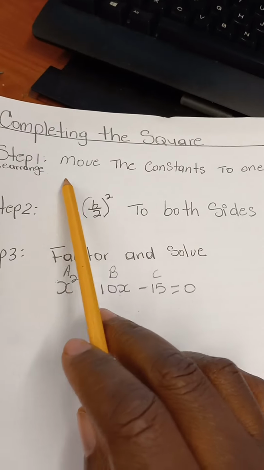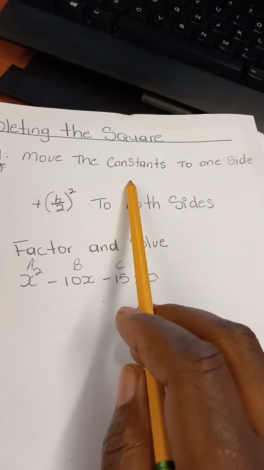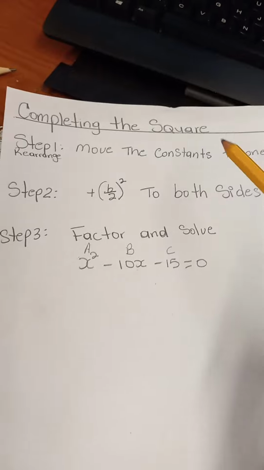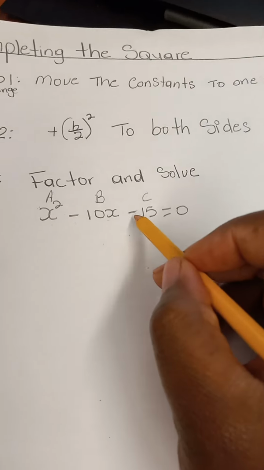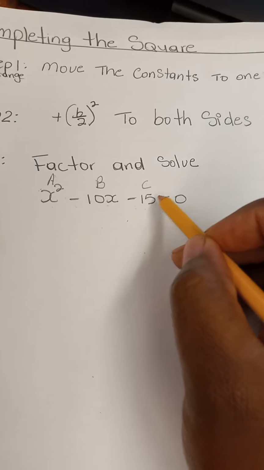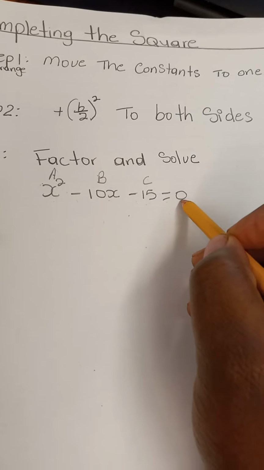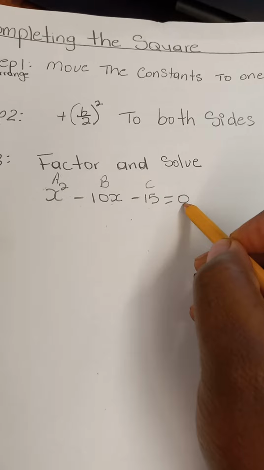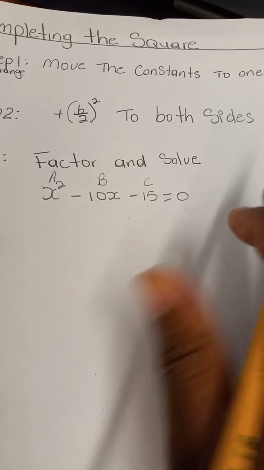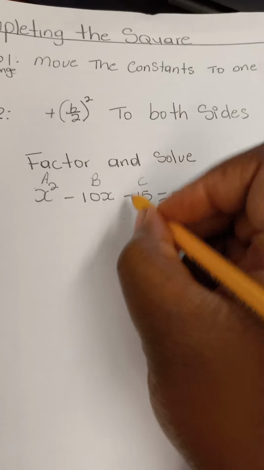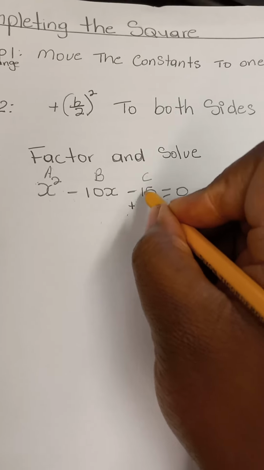So our first step, step 1 said, move the constant to one side. We're going to rearrange these. So here we have a minus 15. When you go over to the equal sign, it becomes positive. So we're going to use the inverse, or you could say the opposite. The inverse of minus is plus, and we have 15.